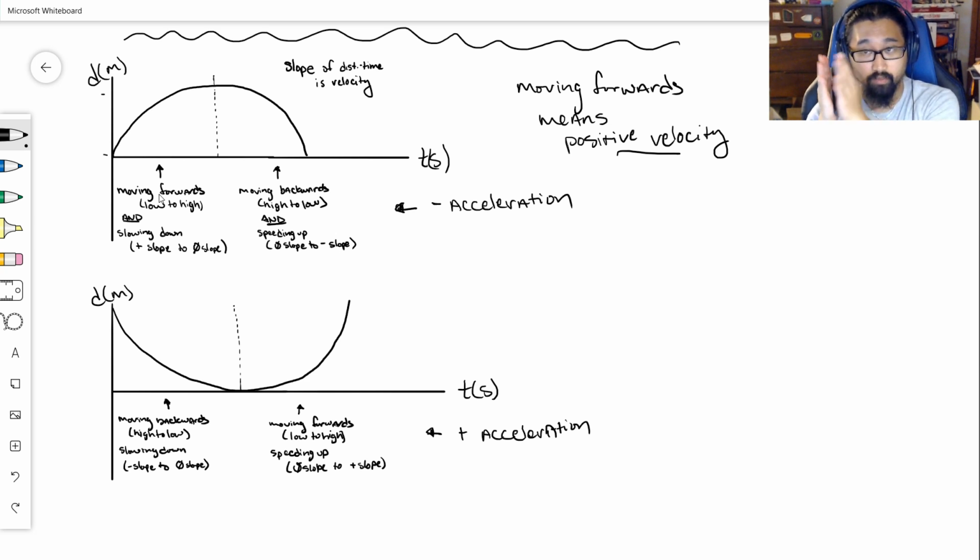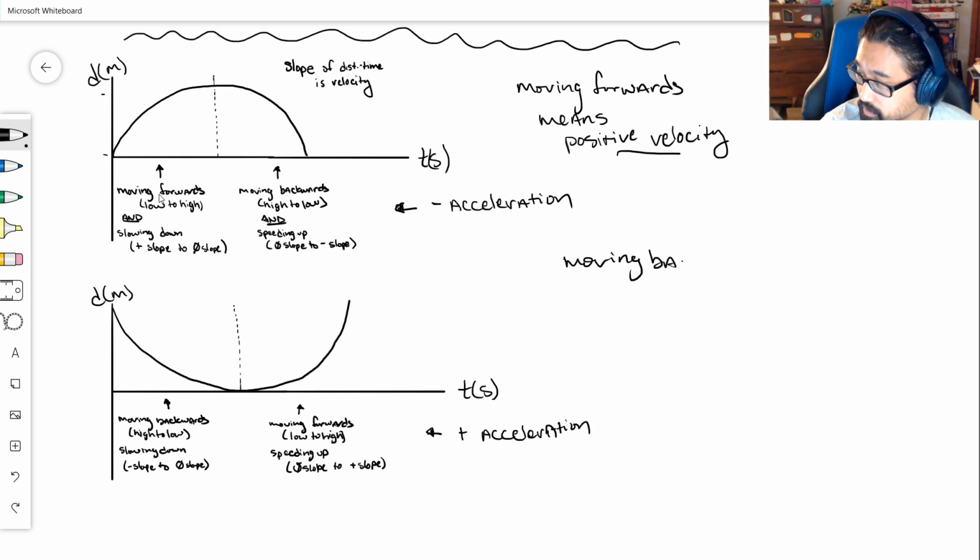Whenever you had one rule, there was almost always the opposite rule for it. So if moving forwards is a positive velocity, then moving backwards means negative velocity. Let me do a better job.